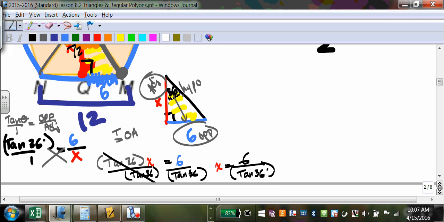Now, is x by itself? Now touch your calculator. You are trying to solve for the apothem. Take it to the first decimal place. I'll pull my answer up here and you can check yours.